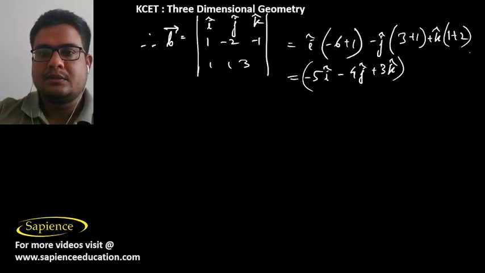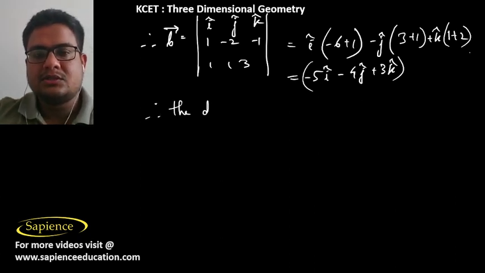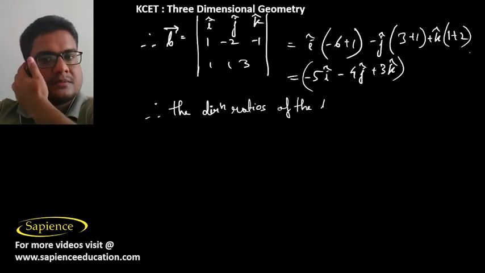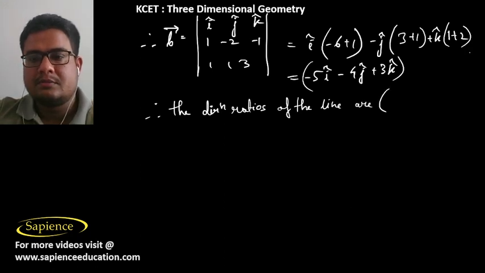So therefore the direction ratios of the line are minus 5, minus 4 and 3.